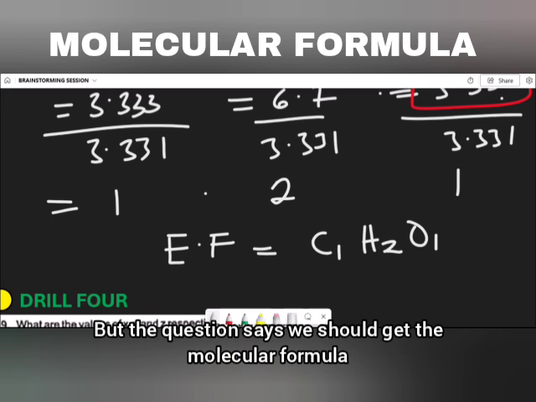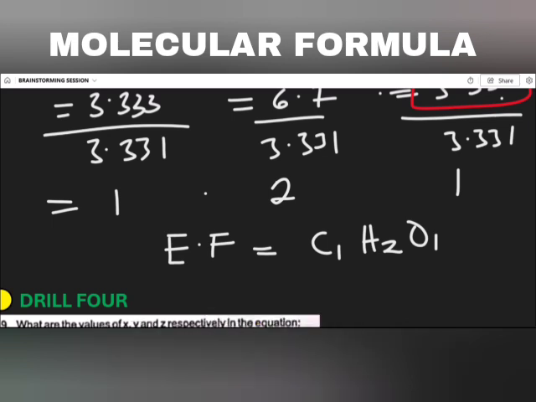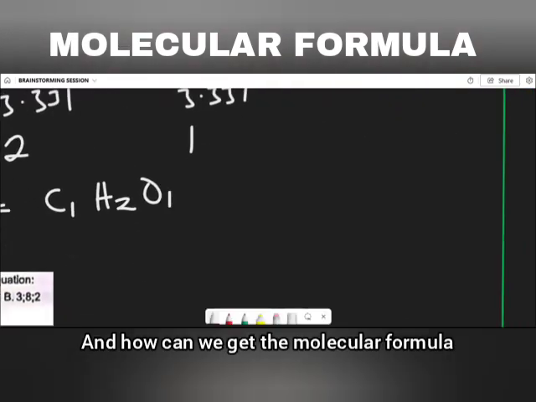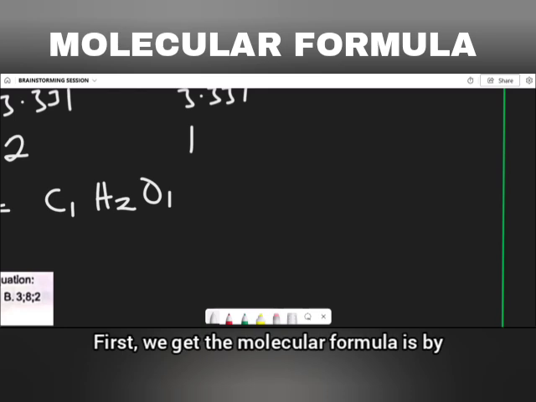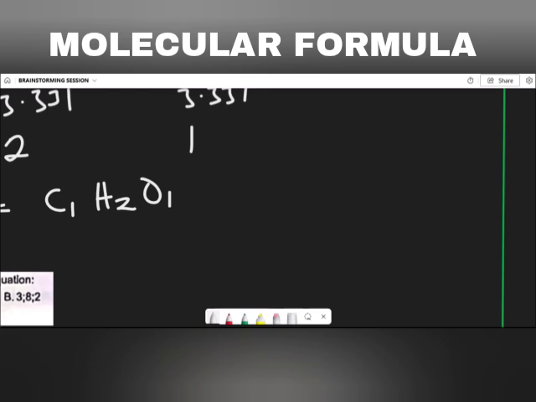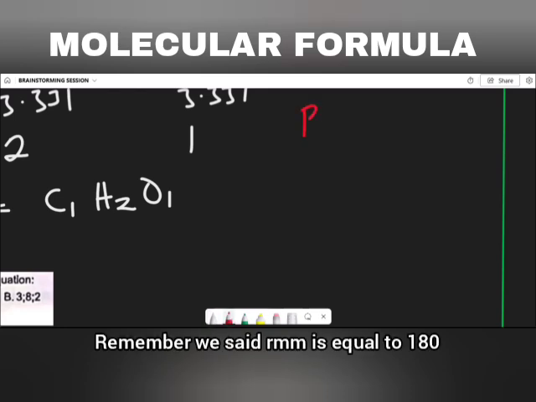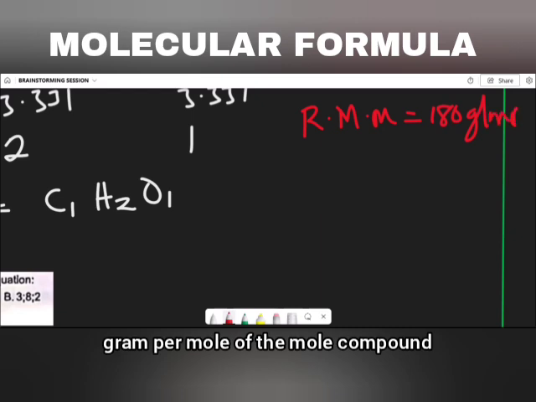But the question says we should get the molecular formula. And how can we get the molecular formula? For us to get the molecular formula, we compare it to the mass of the compound. Remember we said RMM is equal to 180 grams per mole of the compound.